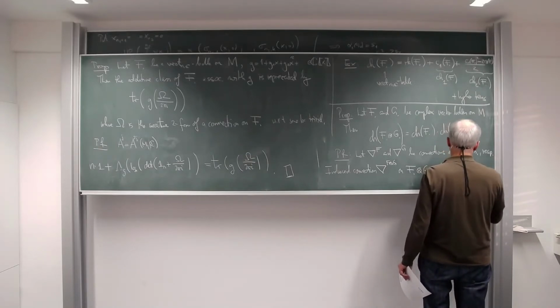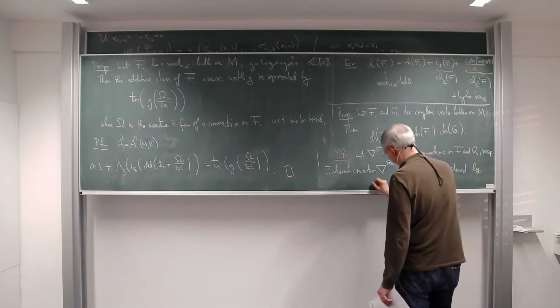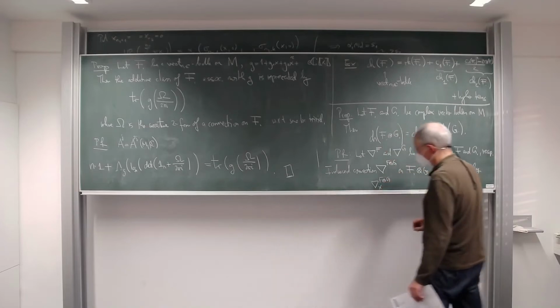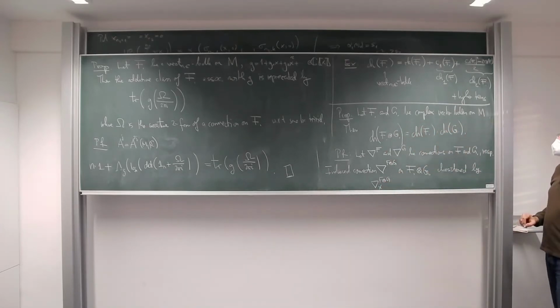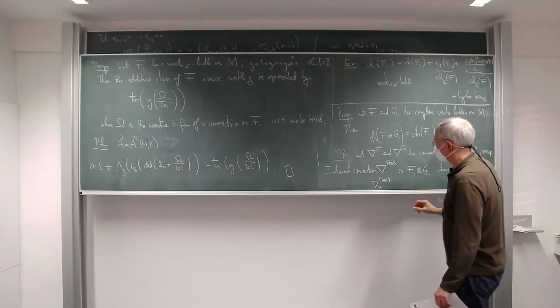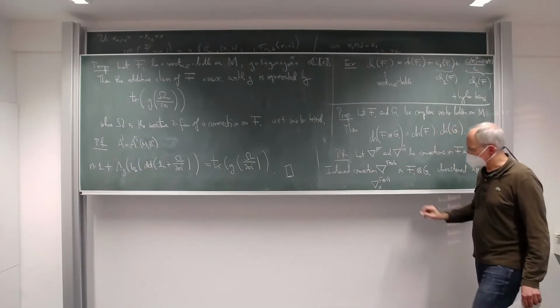characterized by the following rule: the tensor product connection in some direction X, where X is some vector field or some tangent vector, I want to apply this now to a section of the tensor product.